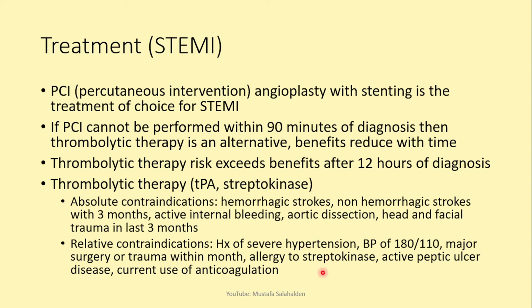The relative contraindications are history of severe hypertension, blood pressure of 180 over 110, major surgery or trauma within 1 month, allergy to streptokinase, active peptic ulcer disease, and current use of anticoagulation. So you want to make sure that your absolute contraindications are not present in your patient if you want to give them the thrombolytic therapy.